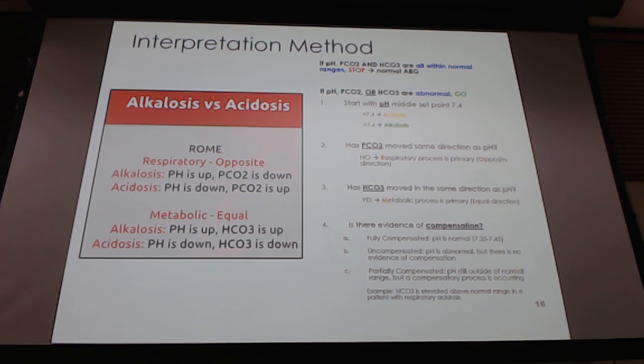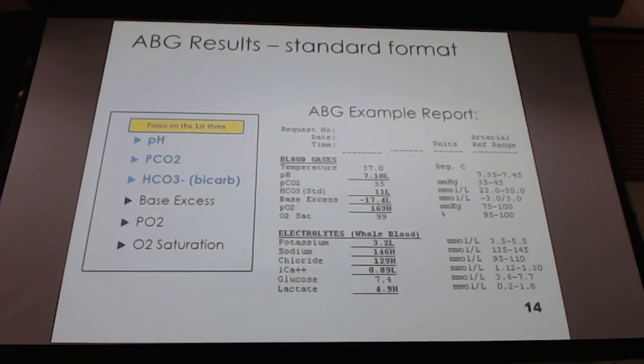So, very important, I'll just say this up front. This is something I see people get hung up on. Even if the pH is normal, check the other two. If you get to the pH and the pH is normal, that doesn't mean that's a normal ABG. I've made that mistake before, because their body may have been able to compensate to get that back into a normal range, and actually your HCO3 and your CO2 are still out of normal range.